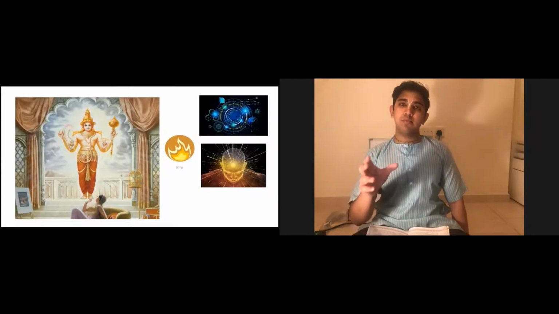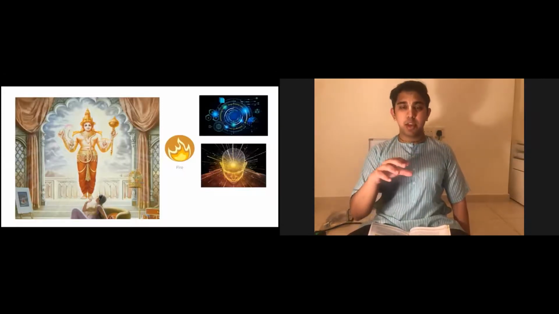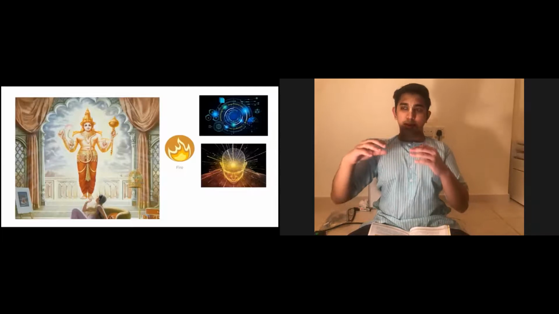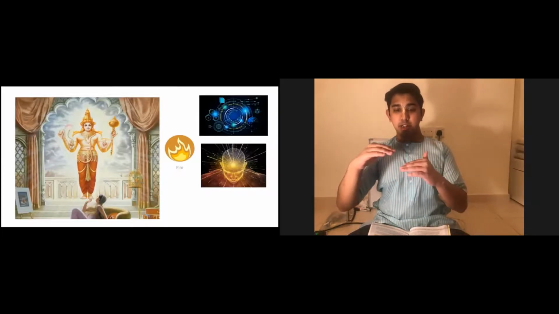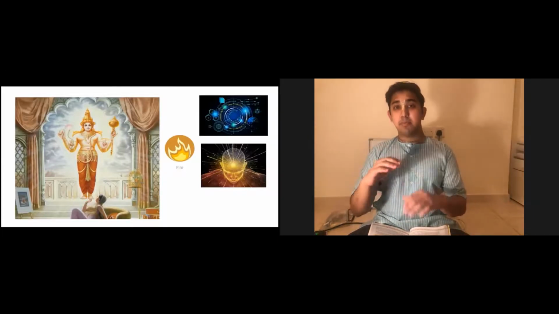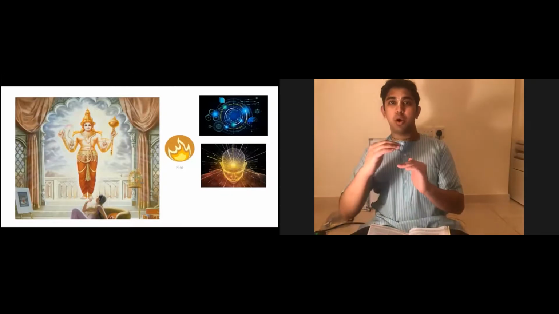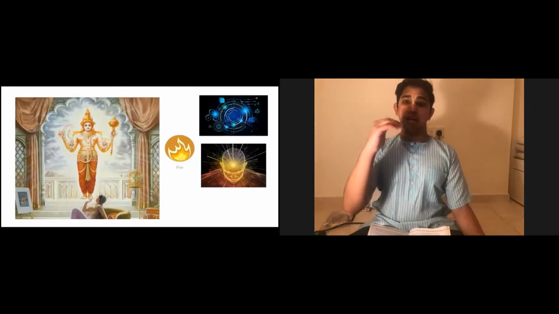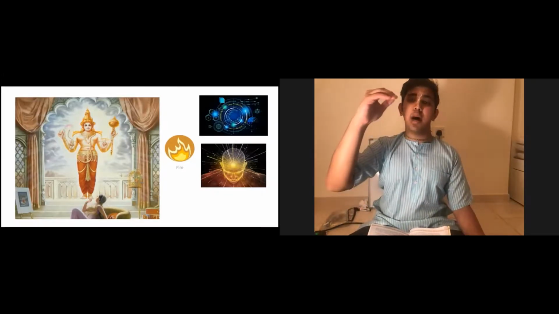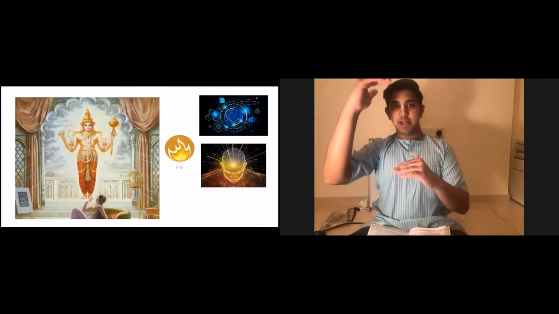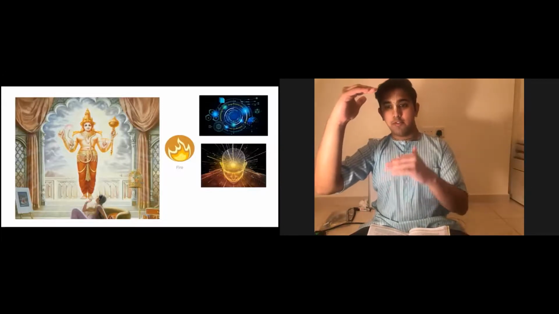We need to understand that even though these may be gross elements, as per their succession, as per where they are placed, one element could be more subtle than the next. So you start with earth, water, fire, air, and then ether, and finally we have mind, intelligence, and ego, and that is usually the hierarchy of all these elements.